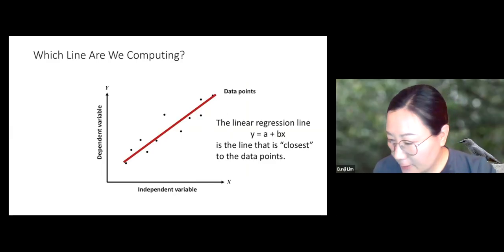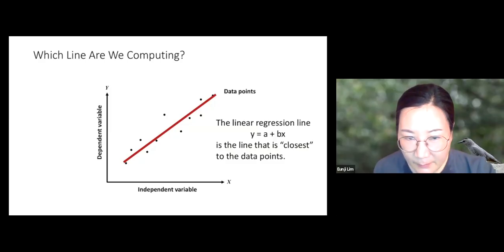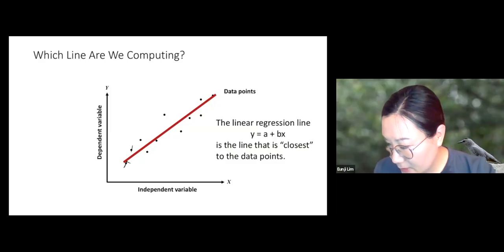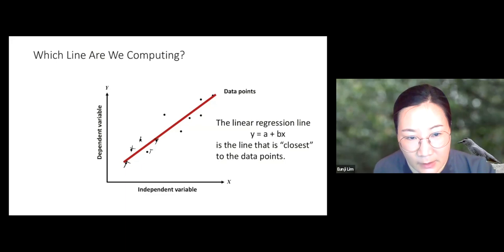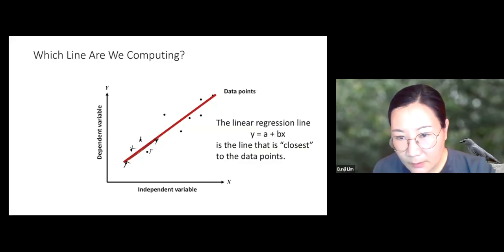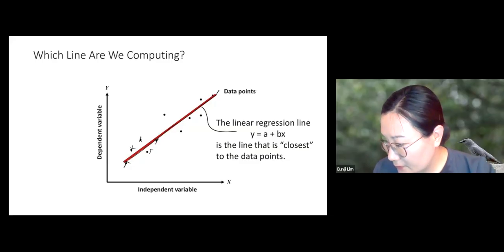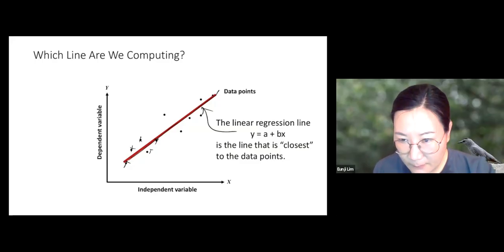First, Excel plots the data points in the XY plane. So these are the data points. And then Excel finds the straight line that's the closest to the data points. And the equation of this closest line will be the regression equation.